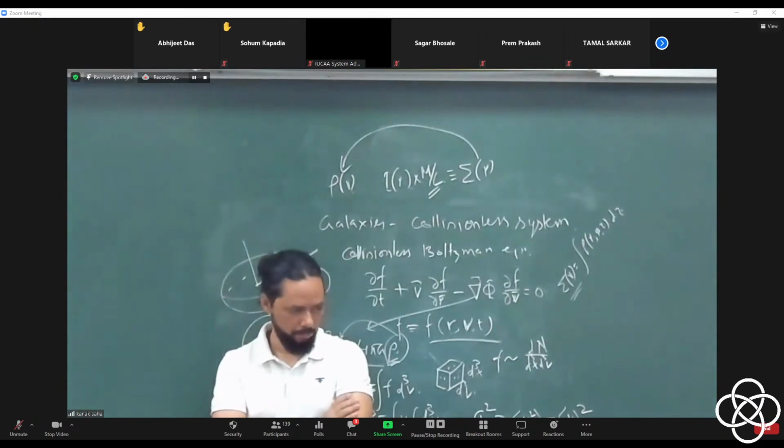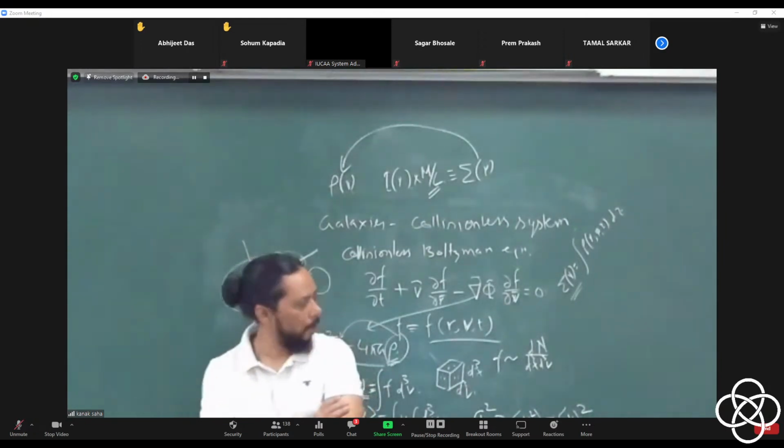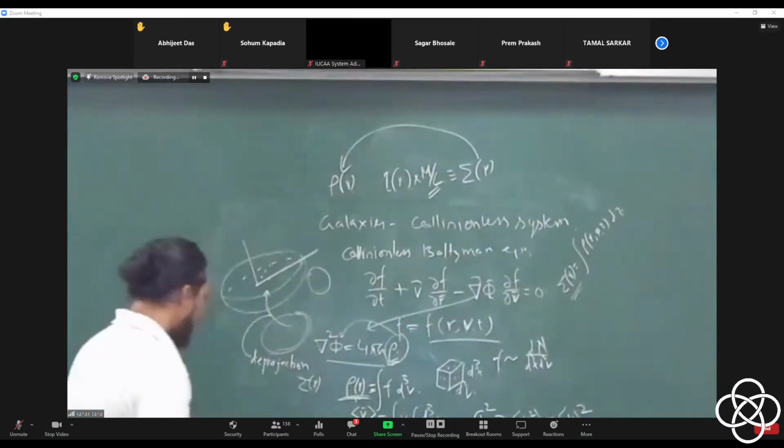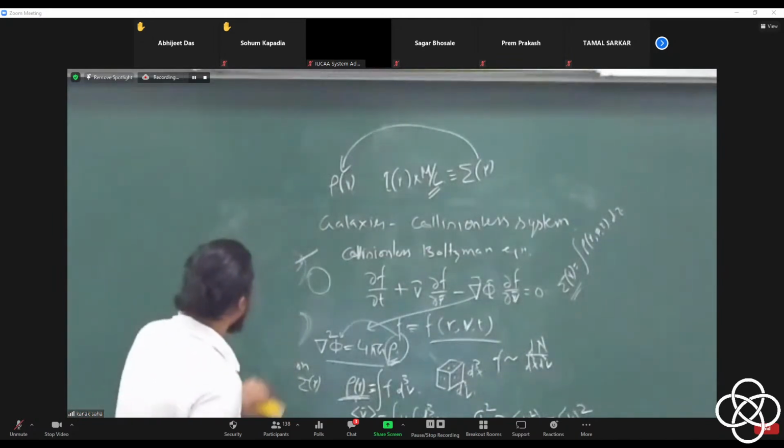But in today's discussion, it looked like the dark matter had a core and spread out as the galaxy does. Could I explain what I want to say? You talked about the dark matter distribution, which has a core, which observationally is like that.